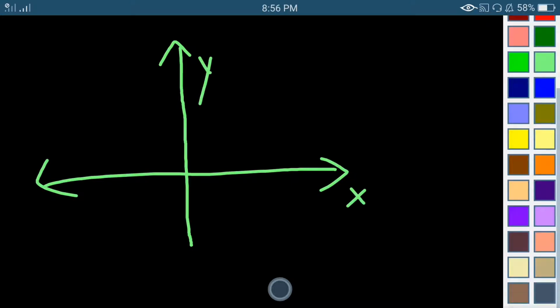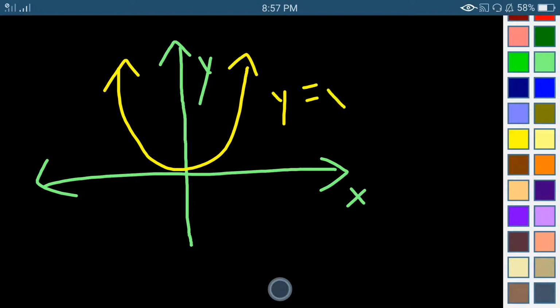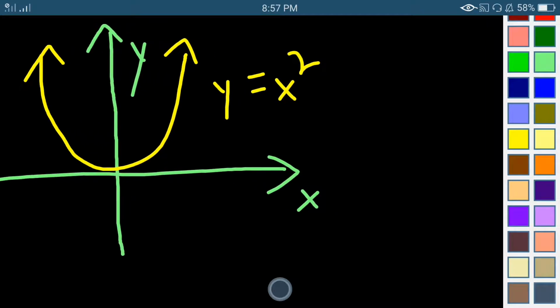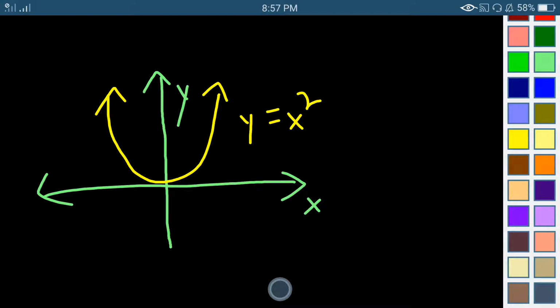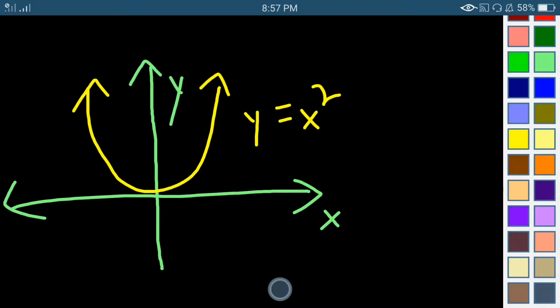Now remember, in algebra 2 we had a parabola, the function y equals x squared, and how you find the minimum is doing this.